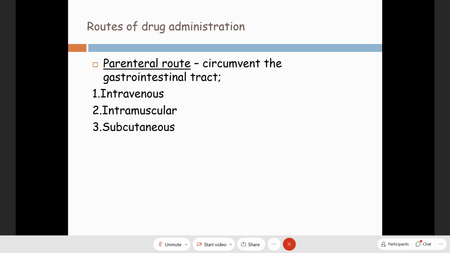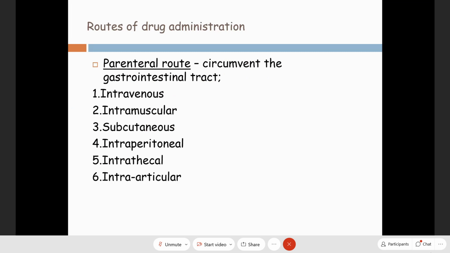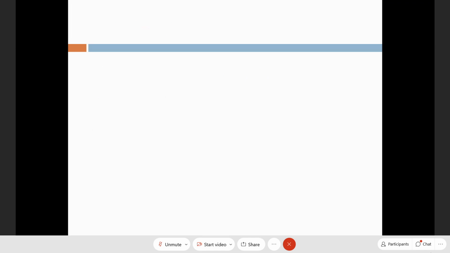IV goes right into the vein, intramuscular into the muscles, subcutaneous under the skin, intraperitoneal into the peritoneum. Intrathecal is into the theca at the spinal cord. Intraarticular is into the joint capsule.